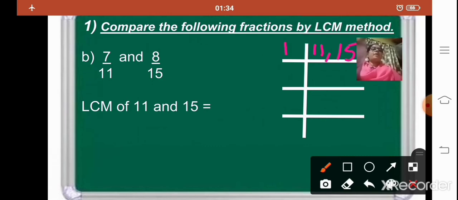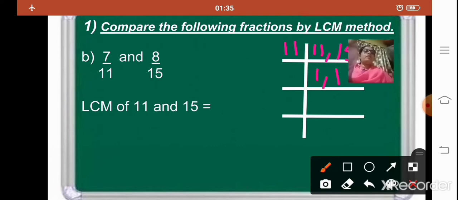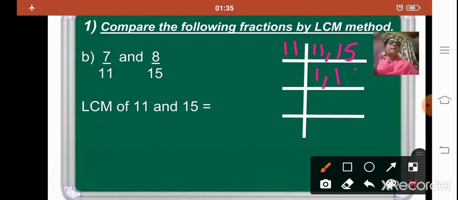11 is a prime number, so it is divisible only by 11. 11 ones are 11. 15 you will write as it is. Now 15 is divisible by 3. 3 5s are 15. Again 5 is divisible by 5 itself, 1.